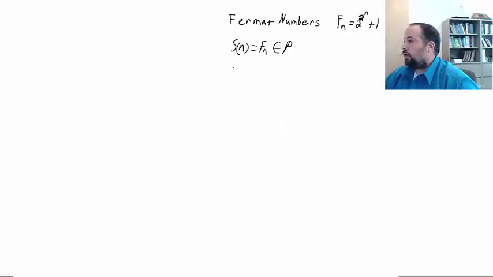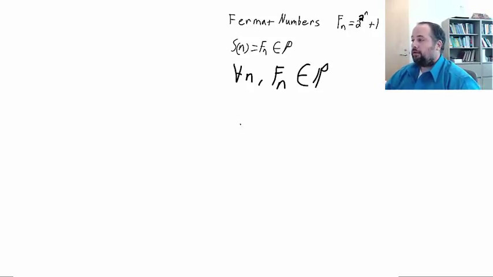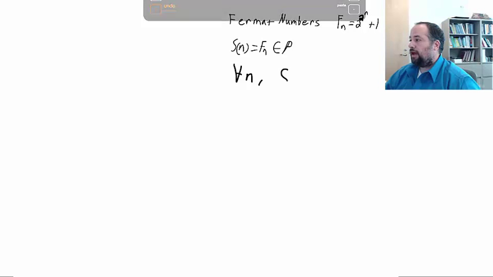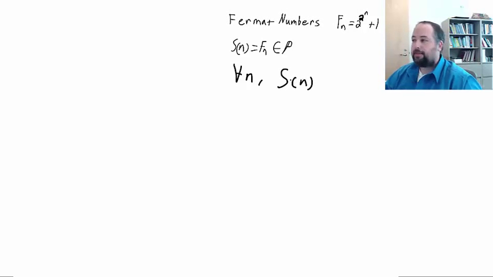Let's look at that. Okay, so Fermat's statement was for all n, F of n is prime. Or we could just say for all n, S of n is true, right? That's Fermat's statement.